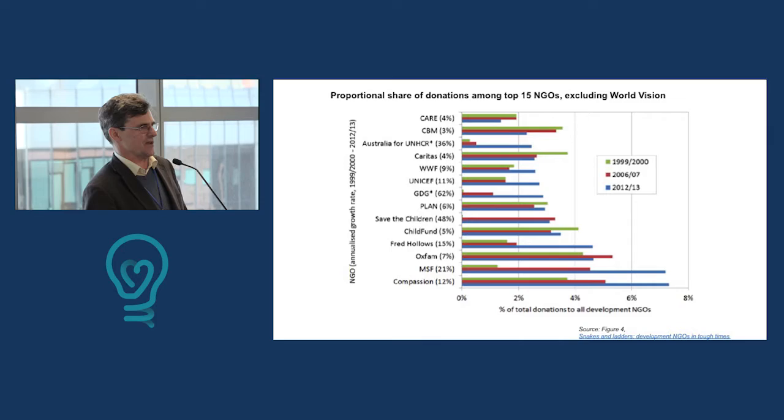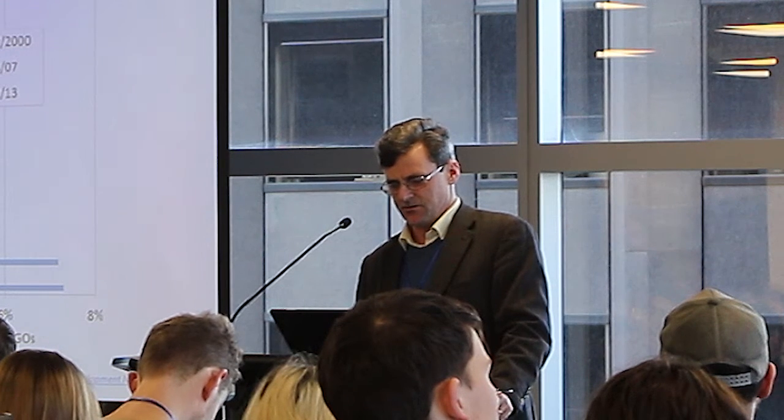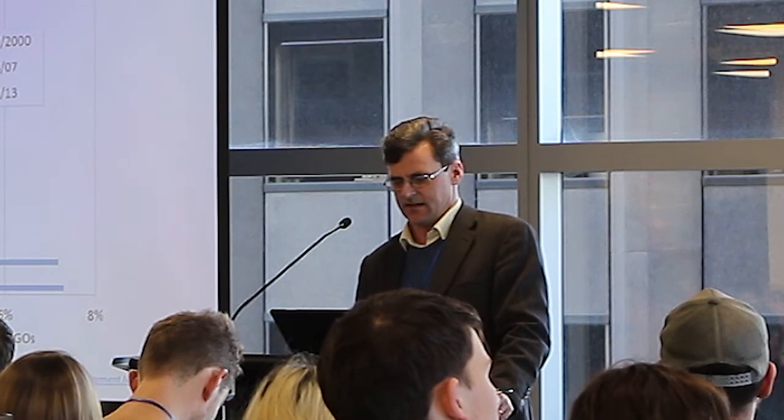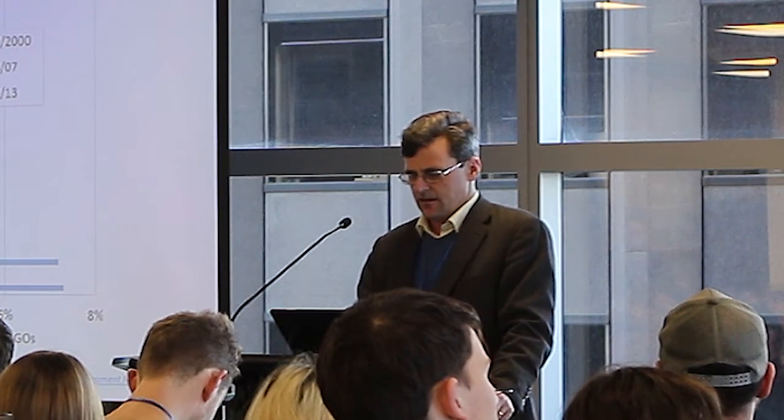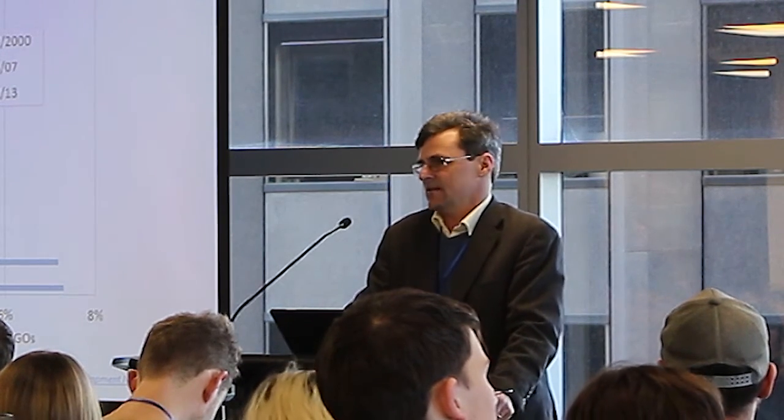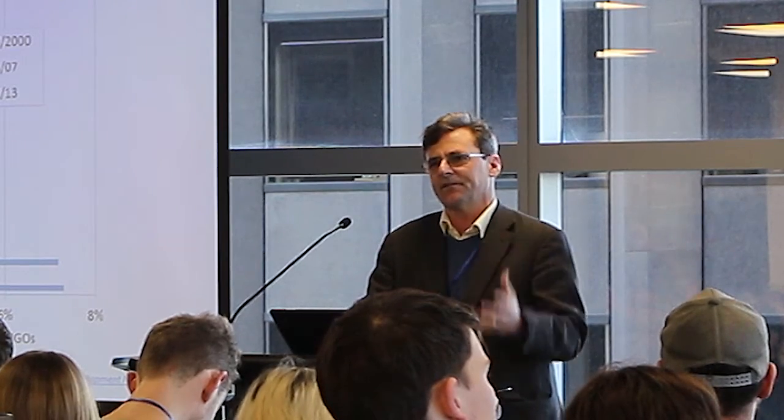After World Vision, it's Compassion. Compassion, like World Vision, has a Christian evangelical base, but is more explicit, I think, about it. Perhaps more on the religious side. Anyway, it's been very successful in increasing its funds, and it is now the second biggest NGO. The third biggest is MSF. MSF has a very simple, compelling message about doctors saving lives.